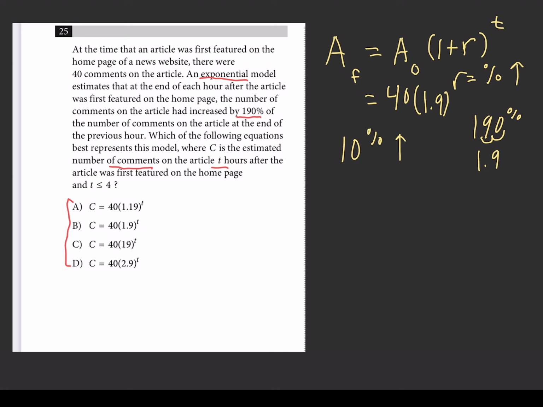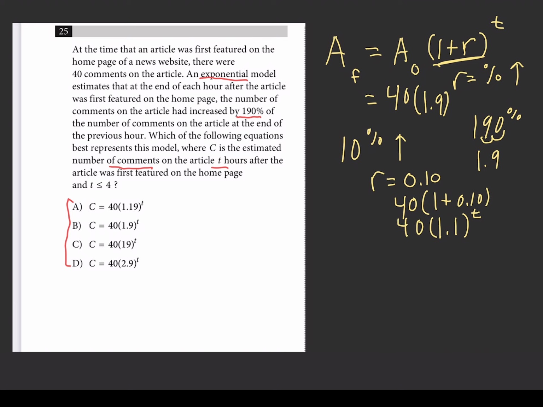So my R in this model right there, R would be the decimal form of 10% or 0.1 or 0.10, however you want to look at it. Because then I would have the 40, and then if it were up by 10% each time, I would do the 1 plus my R, which I'm saying for a moment is that, and that comes out to be 1.1. This would be to the T.